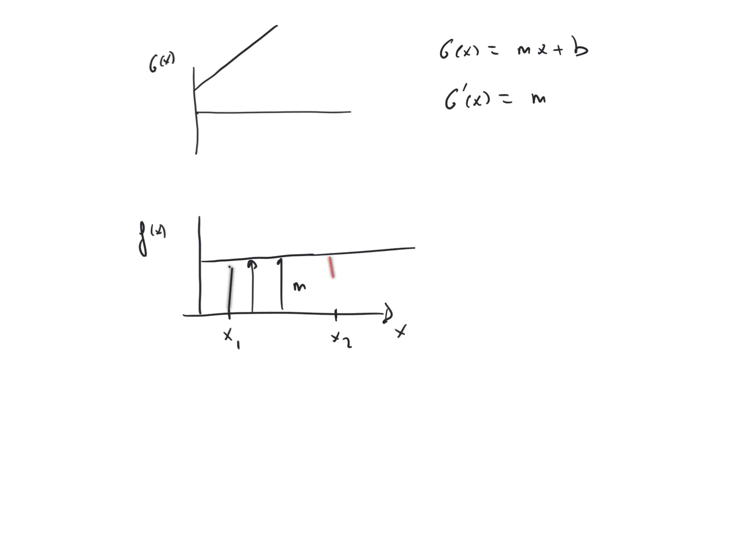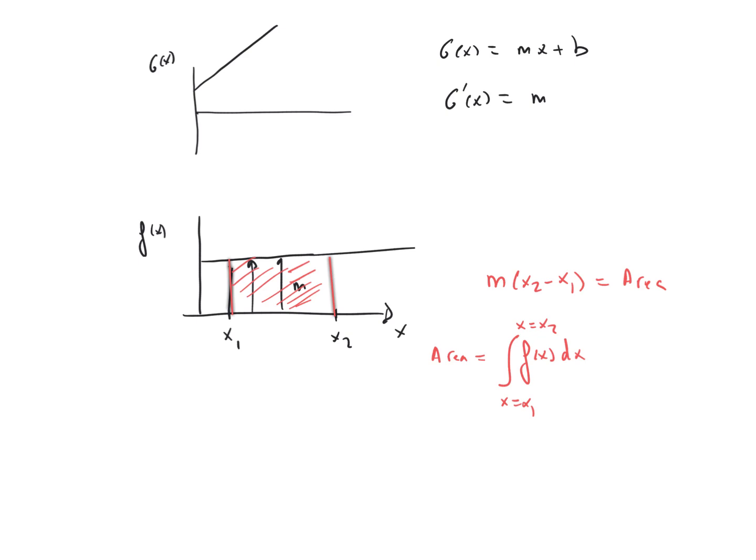The area is clearly m by x2 minus x1, the area of the rectangle that is here. Or the area is equal to the integral of f of x dx from x equals x1 to x equals x2.